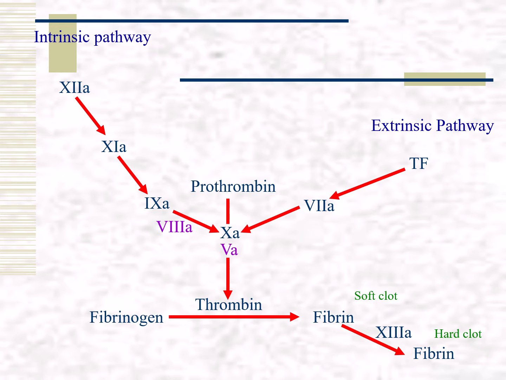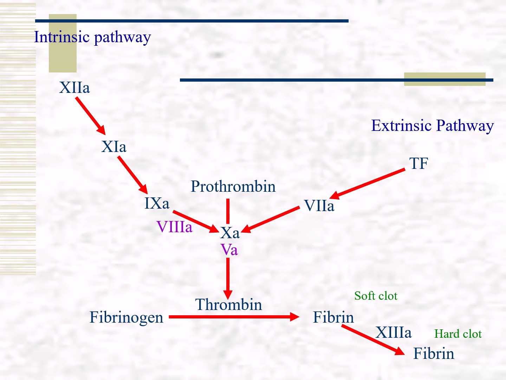Again, we have the intrinsic and the extrinsic pathway. Although we have already changed the name, most people will still use these terms. The clotting factors involved in the intrinsic pathway are 12, 11, 9, 8, and for the extrinsic pathway, we have only clotting factor number 7.